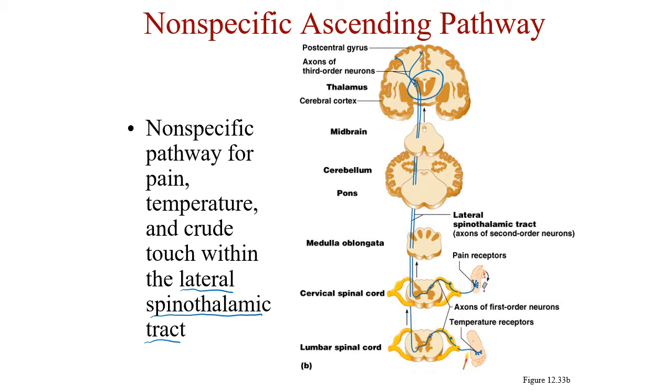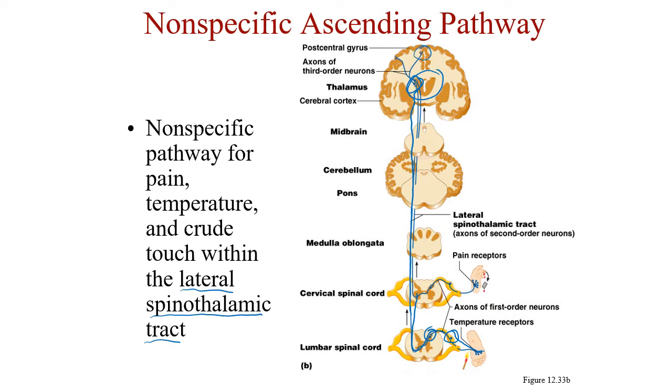The first order neuron comes in, and so we have temperature change here in the foot. Its cell body for that first order neuron lies in the dorsal root ganglion. It comes into the cord and synapses. Its second order neuron then travels up and sends its information up the cord through that lateral spinothalamic tract, synapses in the thalamus, and then synapses on our third order neuron and sends that information on up to the cortex.